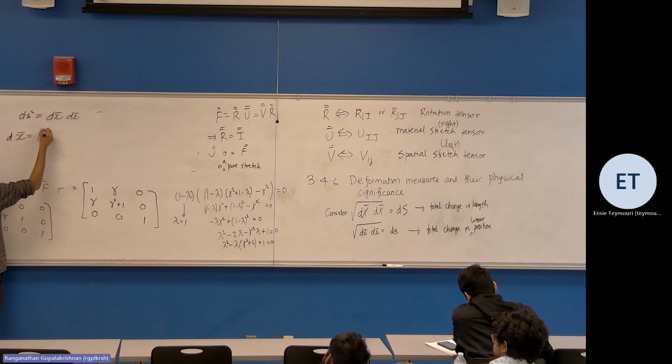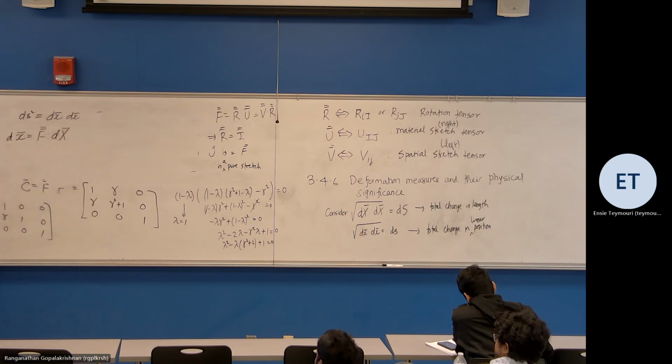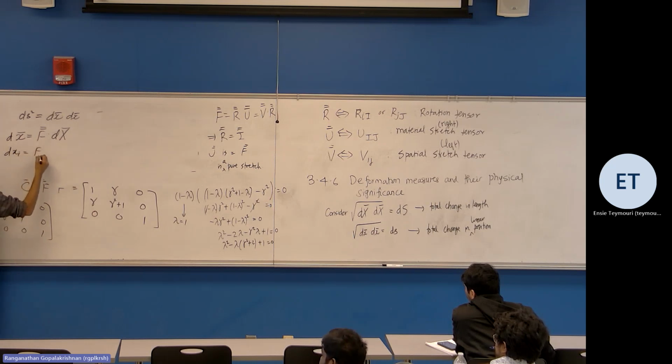That is the deformation gradient dot the change in position of the particle. The change in the spatial coordinate is related to the change in the material coordinate via the deformation gradient. So I can write dxi is Fij dXj. Can I? We've been doing that all day.